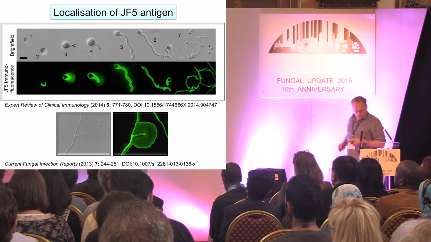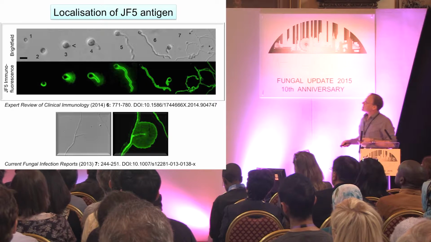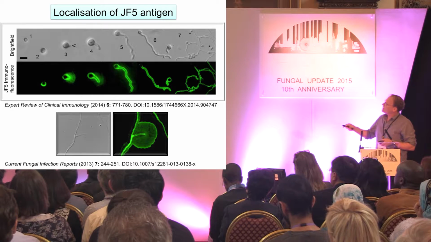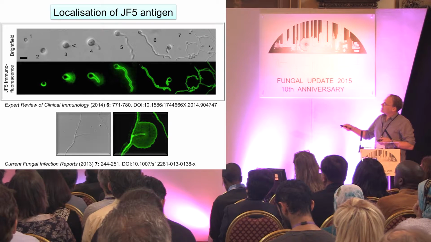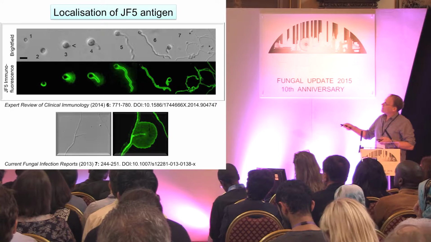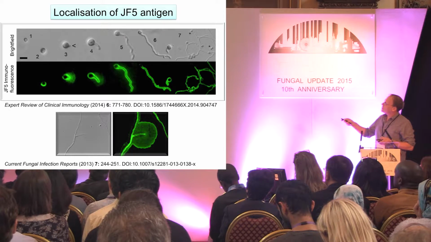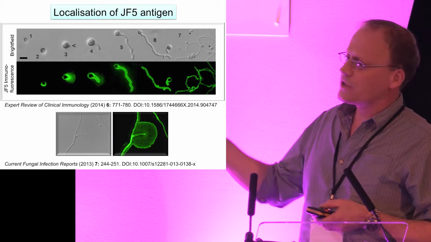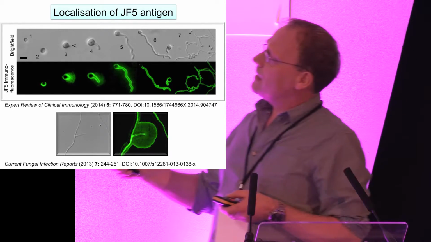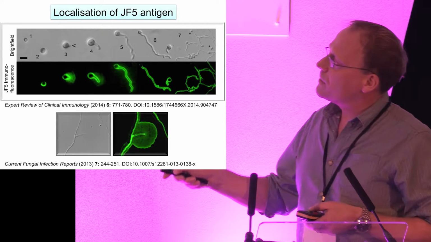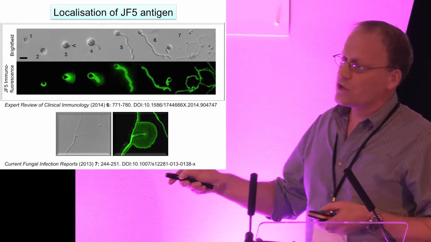A little bit more information about the actual antigen itself. At the top here we have different developmental phases of the pathogen: an inactive dormant spore, a spore that's starting to swell, and then going through polar growth and producing a germ tube. It's really at this stage you're starting to get potential infection within the lung tissue. The antigen, as you can see in this immunofluorescence, is produced during active growth.